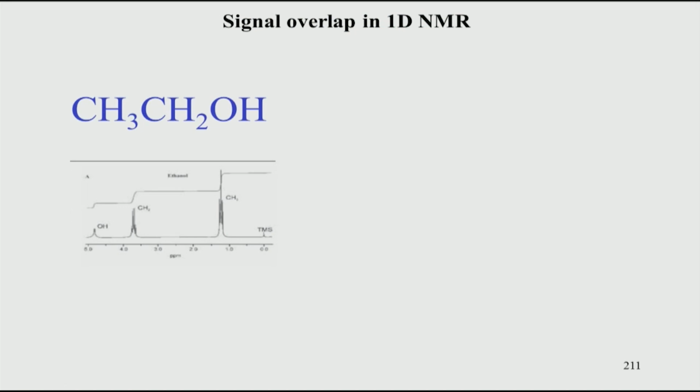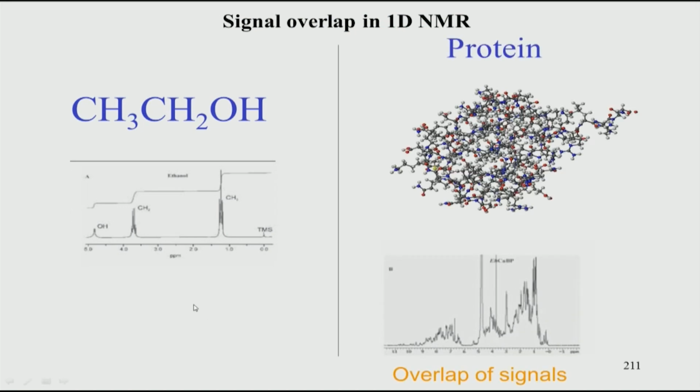Now, as I said, in a simple molecule like ethanol, it is very simple to say that these two are coupled to each other, because there are only two hydrogens seen in the spectrum. But look on this side, this is a complicated molecule, a protein made up of amino acids, and all the hydrogens shown here by grey balls will get a peak here.